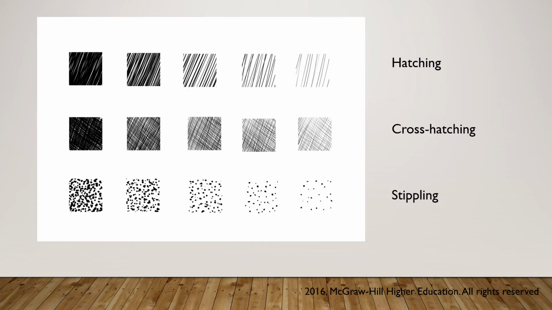So if you took a marker and you just started doing hatch lines, the idea is the closer together they are, the more of them they are, the darker it's going to be. And then the further apart the lines are, and the fewer lines there are, the lighter it's going to look. And then the same thing with the stippling. So these are great if people are doing just black and white work, markers, ink, those kinds of things.